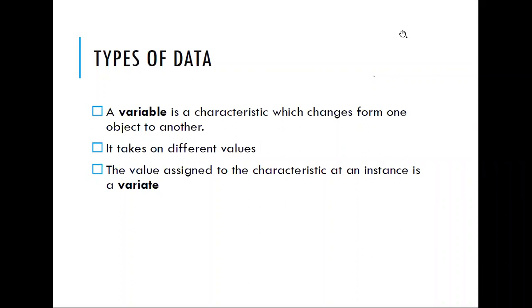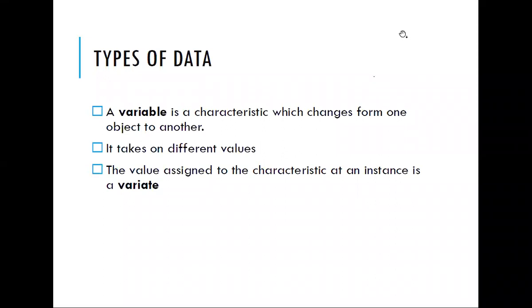So the answers you are giving to the criterion or characteristic I'm interested in will be different. I am interested in your gender, which is the variable, but the data you assigned to that particular variable will be different depending on the person answering the question. That is why we say it's a characteristic whose value changes from one person to the other or one object to the other.